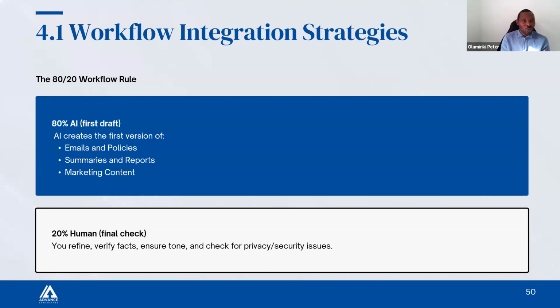The 80-20 rule says use AI to do the heavy lifting. Use AI to create the best version of your task, especially when you're creating content or you are drafting a workflow, you are creating a process map. Okay. Use AI to do that heavy lifting and always use a human to do the final check.